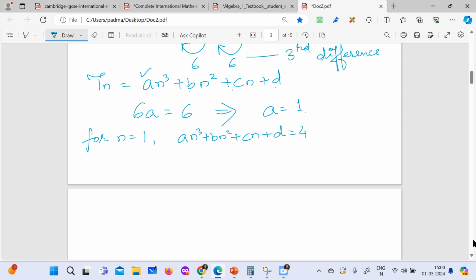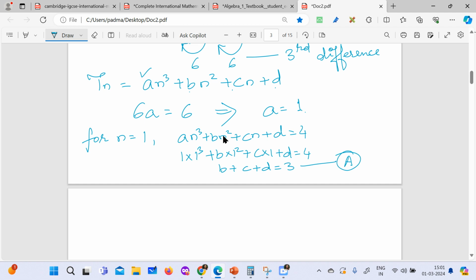So a is 1, n is 1 as well. Then 1 plus b plus c plus d is equal to 4. So b plus c plus d is equal to 4 minus 1, that will give you 3. I will mark this as A. Is this clear?